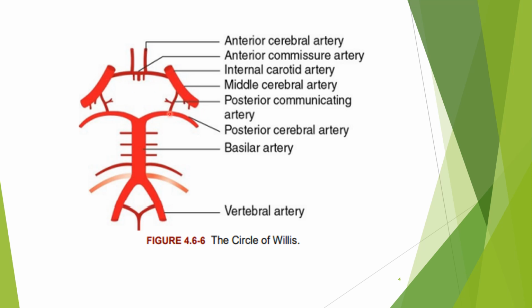They are joined by the posterior communicating arteries to the posterior cerebral arteries. And the two internal carotids are joined together by the anterior communicating artery. So these are the two posterior cerebral arteries, two posterior communicating arteries, two internal carotid arteries and the anterior communicating arteries. This is the circle of Willis.